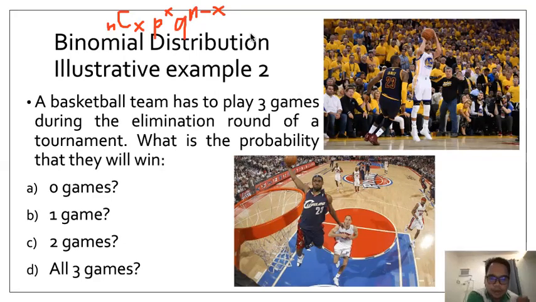So that's our formula for the binomial distribution. Recall that n is the number of trials, x is the random variable we want out of the number of trials, p is the probability of success, and q is the probability of failure.